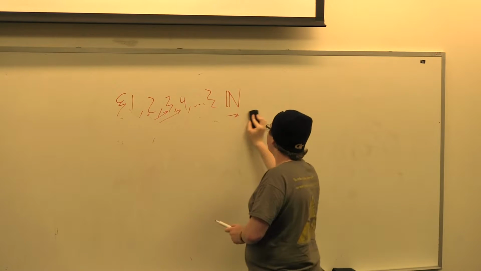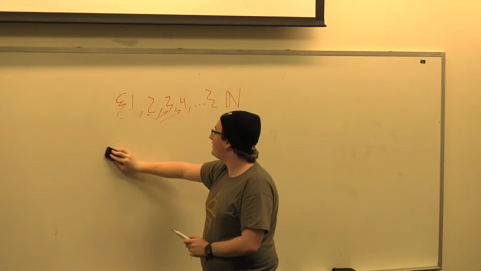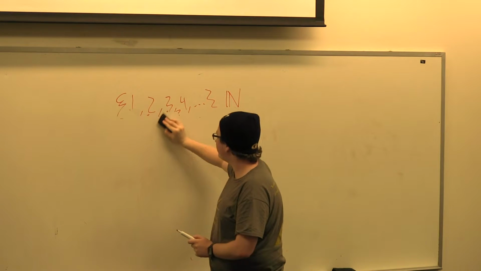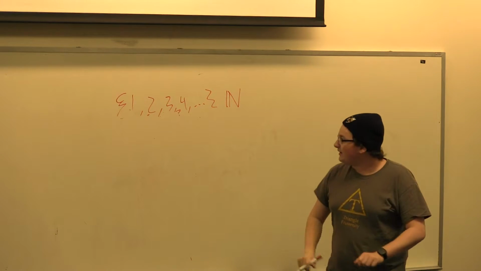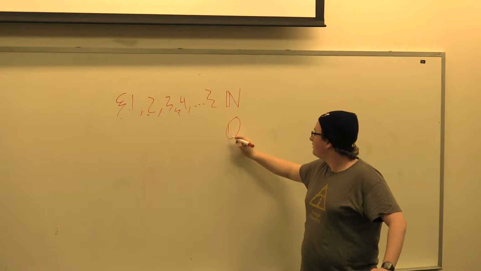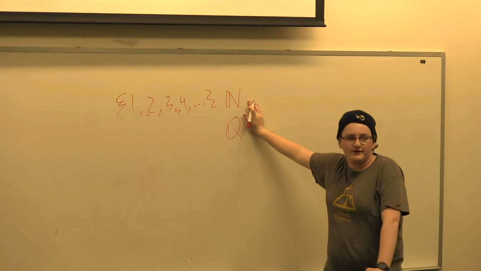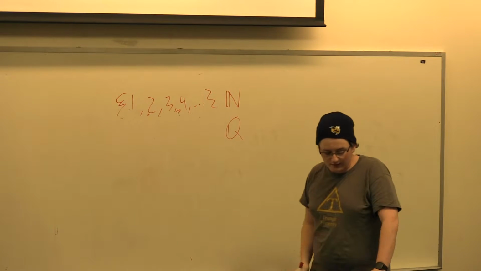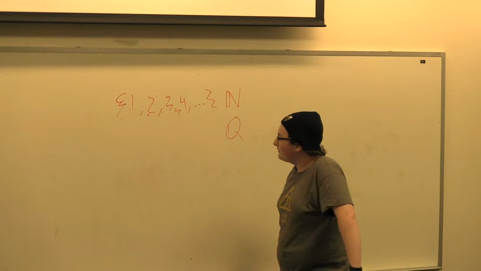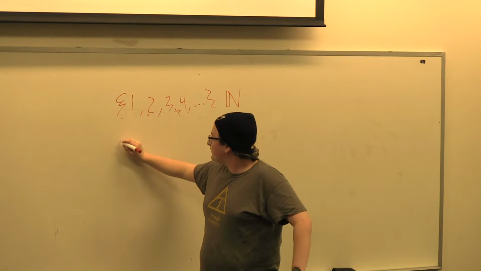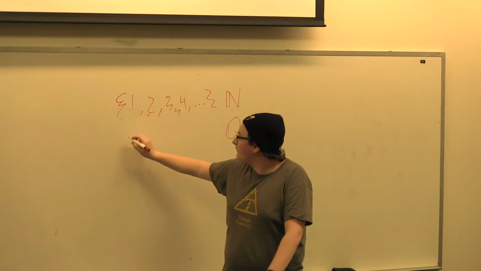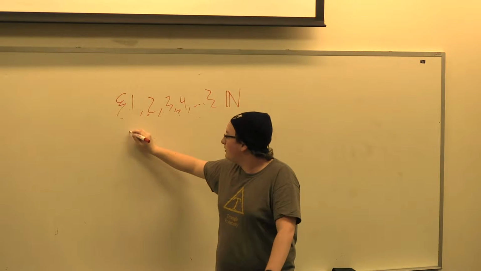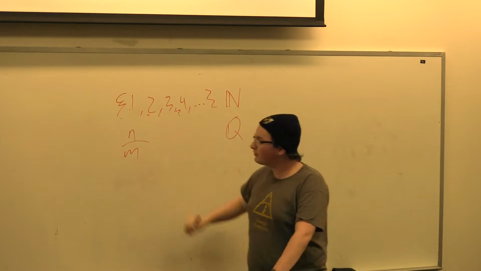The next one, a lot of people have trouble comprehending sometimes. It's showing that the set of rationals and the set of natural numbers have the same cardinality. So to do this, the set of all rationals is the set of all numbers that can be written as one integer over another integer.